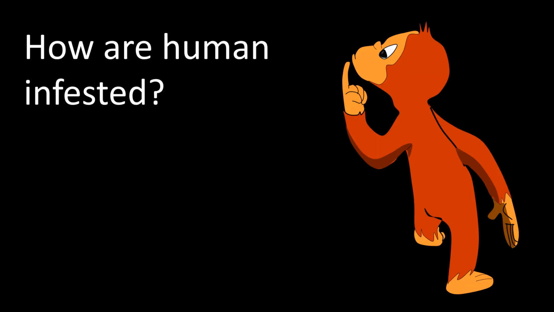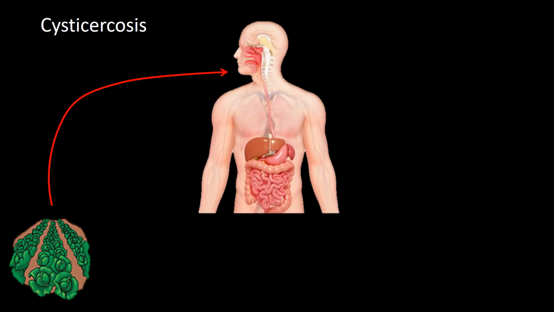How are humans infected? Humans are infected by eating lettuce or other plants that grow close to the ground, irrigated with human feces-contaminated waters. These waters are contaminated with Cysticercus eggs or proglottids. Or they can also be infected by Cysticercus eggs or proglottids present in their own hands.